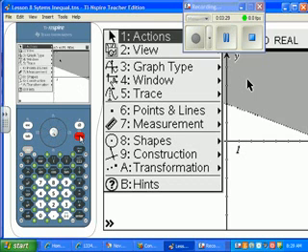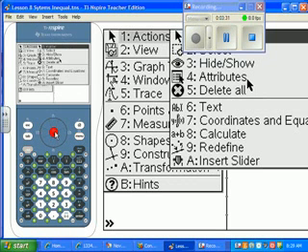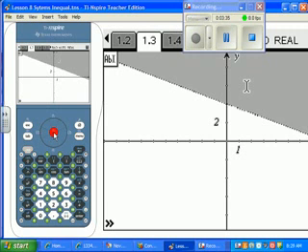Menu. Good. And you're going to go to actions, and down to text. Okay, so in the shaded region, all you have to do is click to get a text box, and you're going to put in US. And then you're just going to move it over to the other side, and we're going to put Mexico.